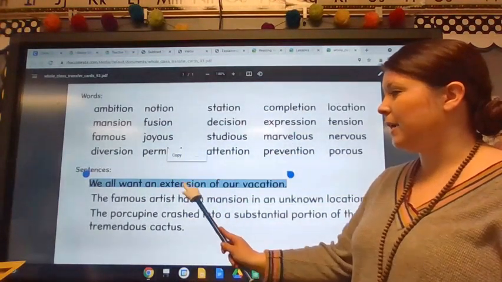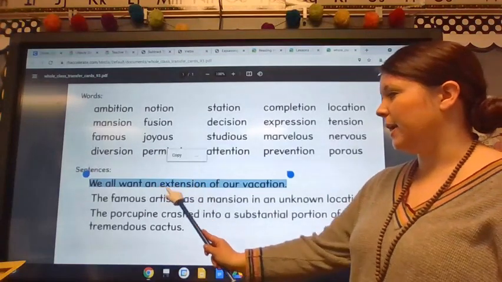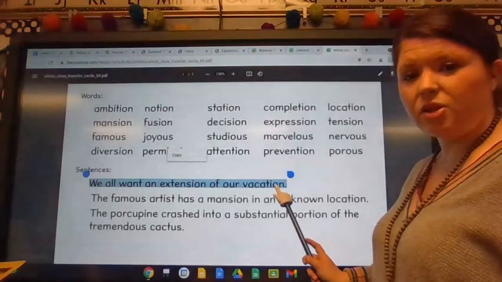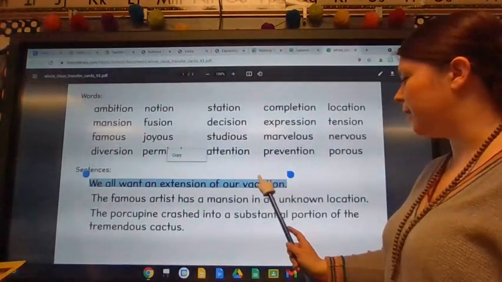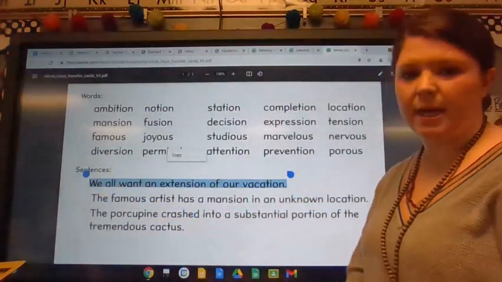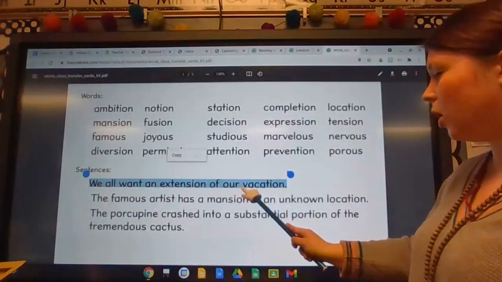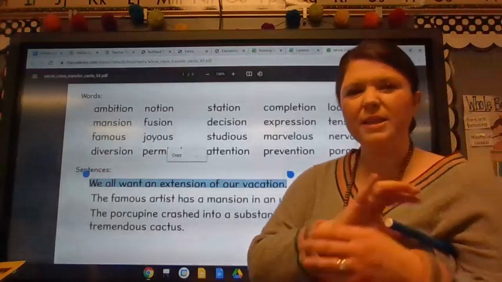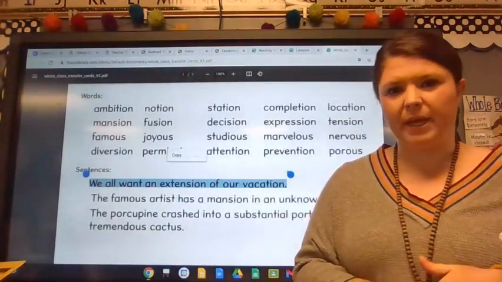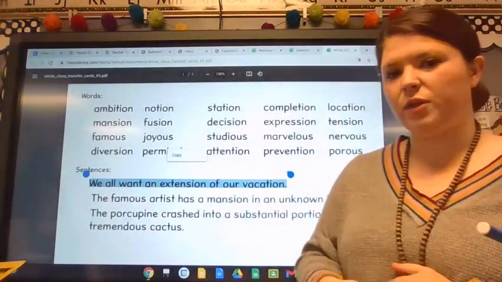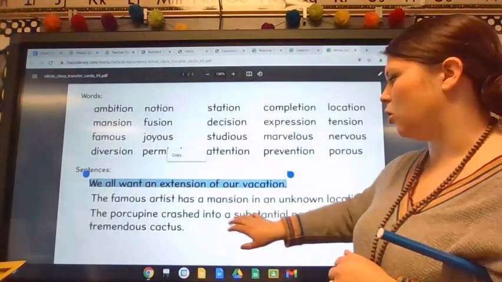We have the word extension, extension. Here we have T-I-O-N, which says shun, vacation, vacation. Let's go back and read it. Ready, read. We all want an extension of our vacation. What is an extension? What does that mean? It means to make it longer, to extend it and have it last longer time.